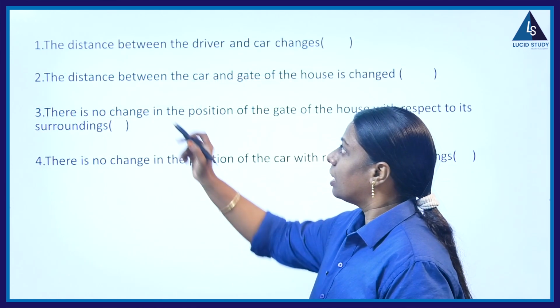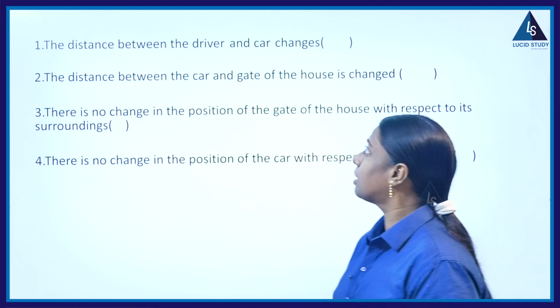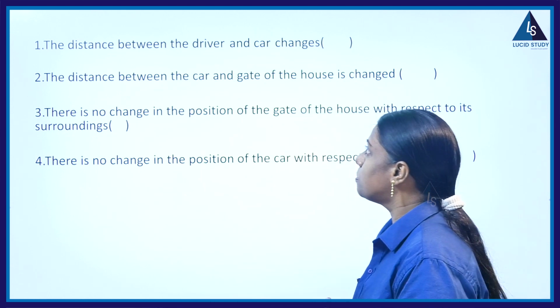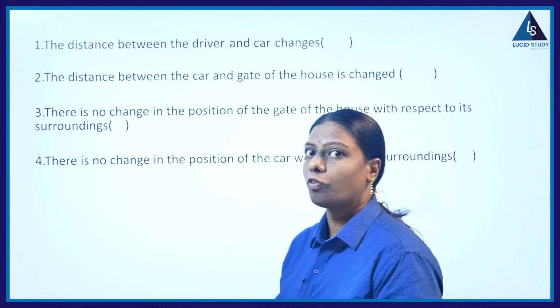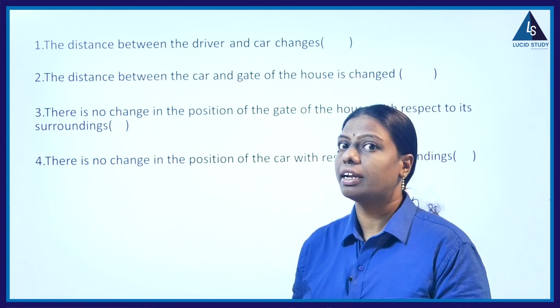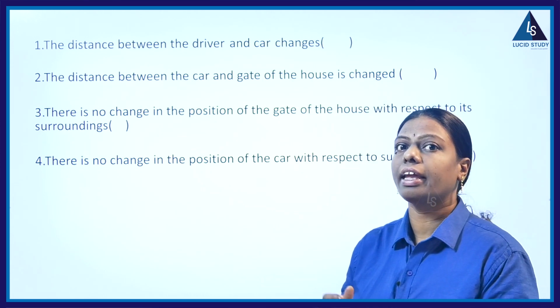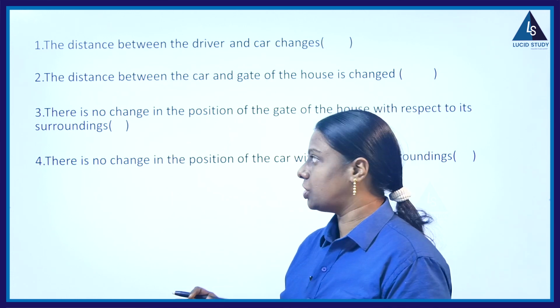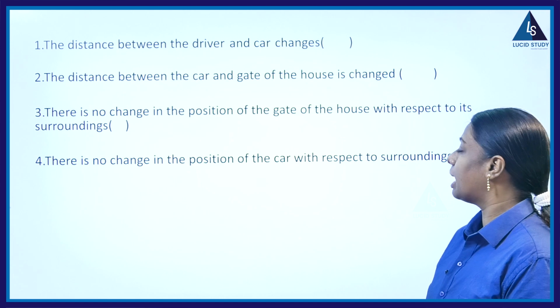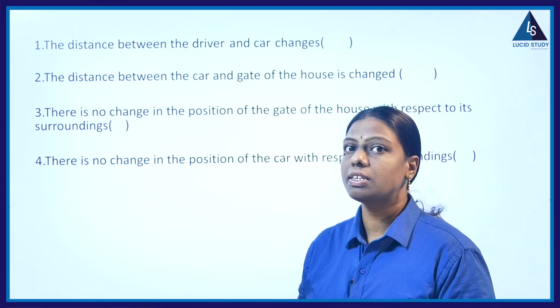The distance between the car and the driver changes? No. The distance between the car and the gate of the house is changed? Yes, the distance between the car and the gate of the house is changed. There is no change in the position of the gate of the house with respect to the surroundings.